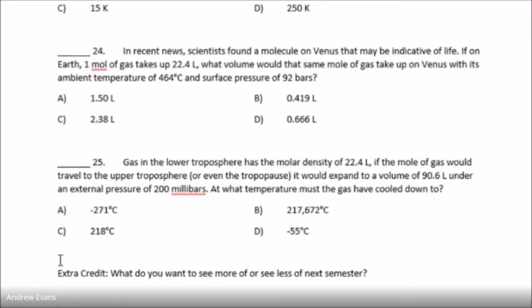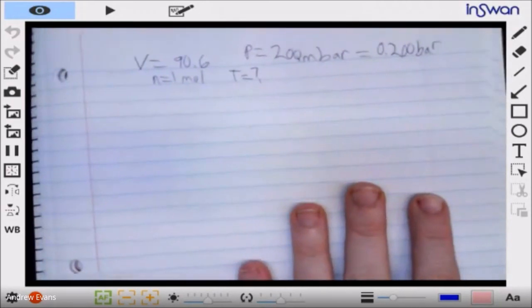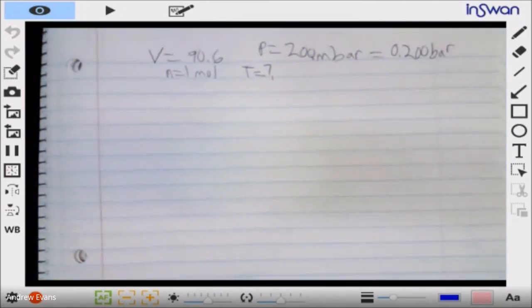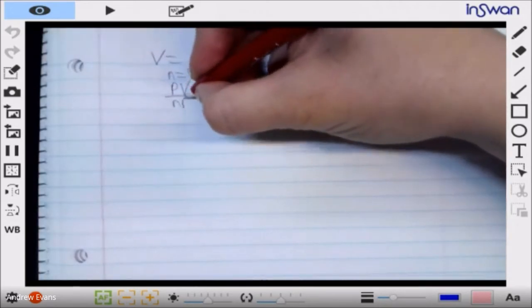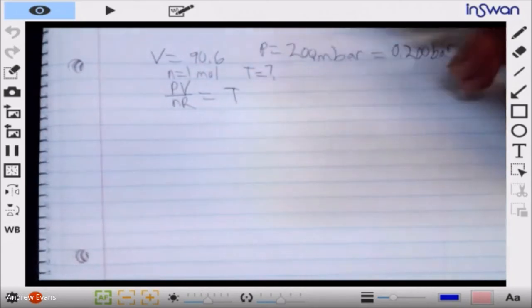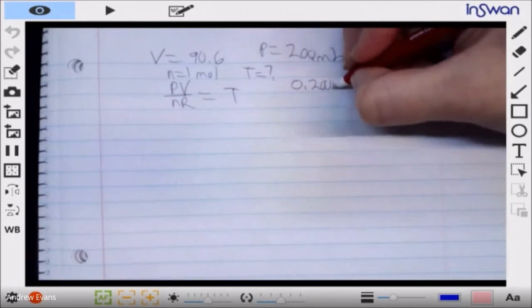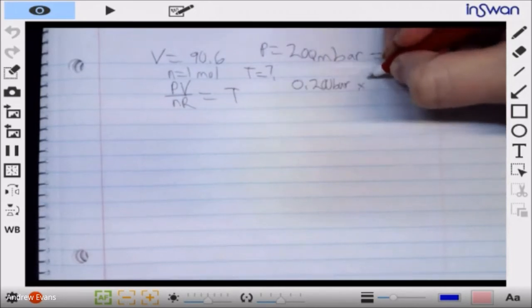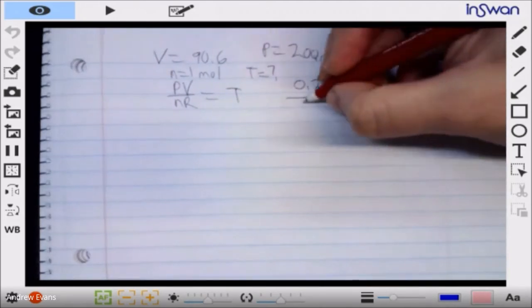Once again, 1 mole of gas, and I'm asking, what is the temperature? So for this last question, it's just another iteration of the PV equals nRT. So PV over nR equals temperature. So 0.200 bars, 90.6 liters. n is 1 mole.